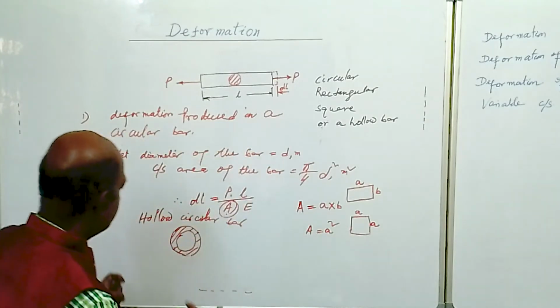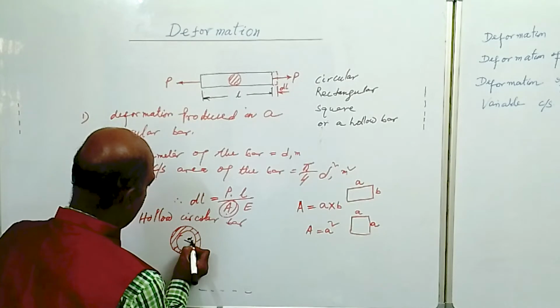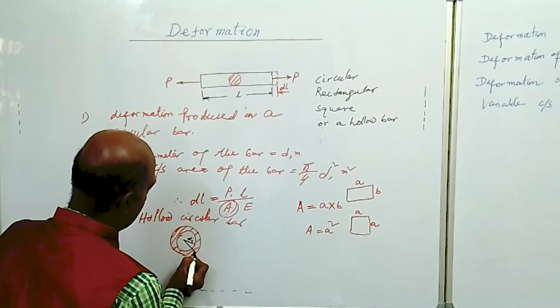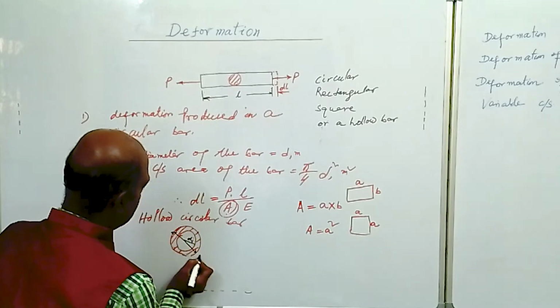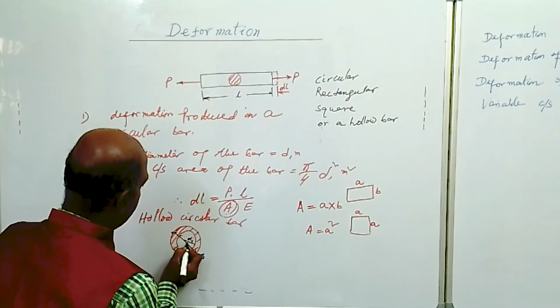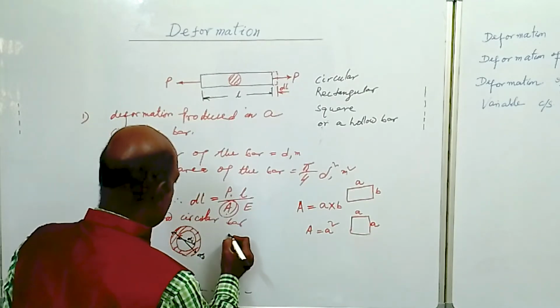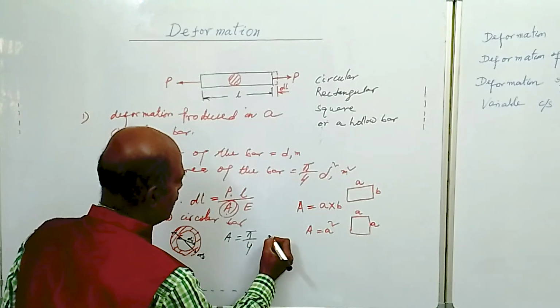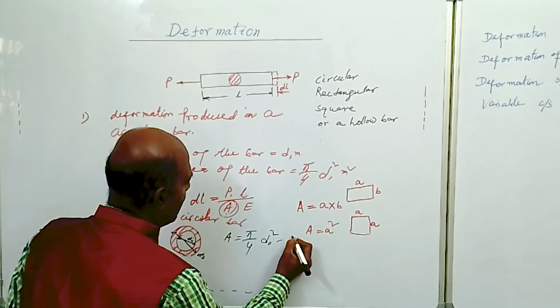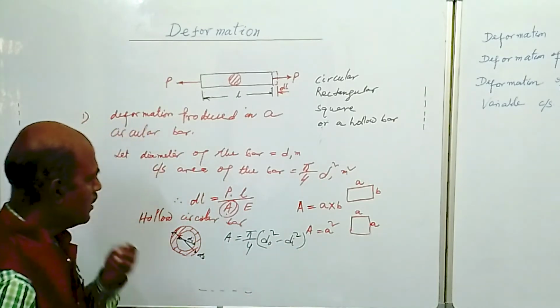So let the inner diameter be di and the outer diameter be do. So the cross sectional area is equal to pi by 4 (do square minus di square). So this is the cross sectional area.